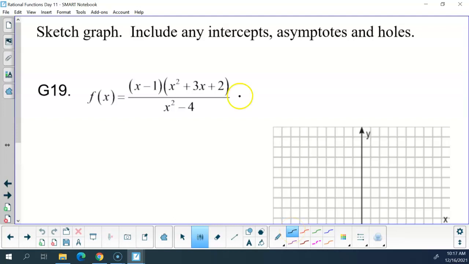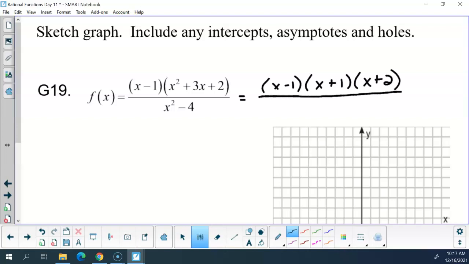Alright, so on top, I got x minus 1, and then the other one factors to be x plus 1 and x plus 2. On the bottom, I got x minus 2 and x plus 2.